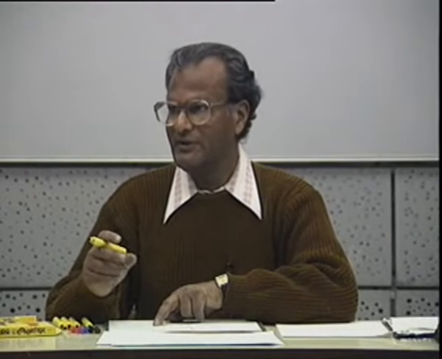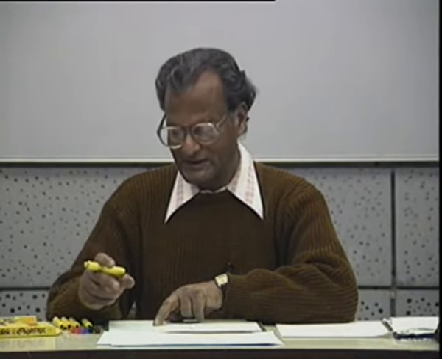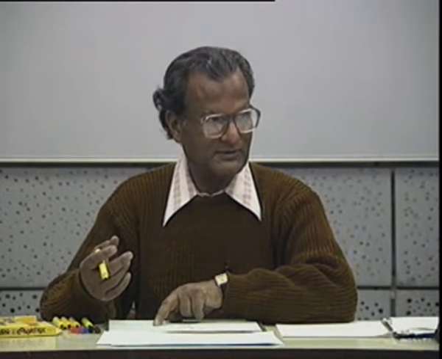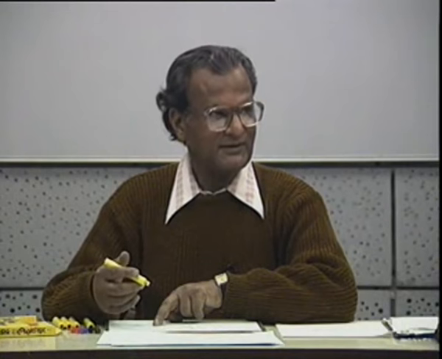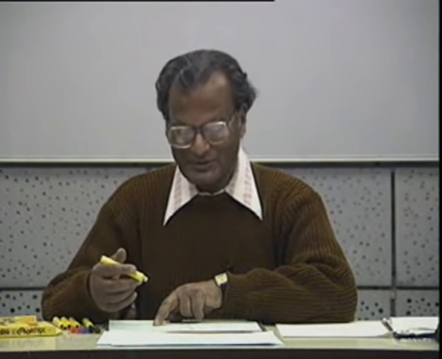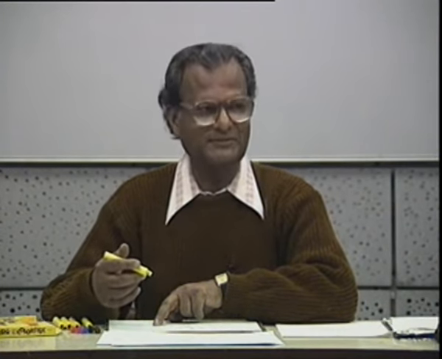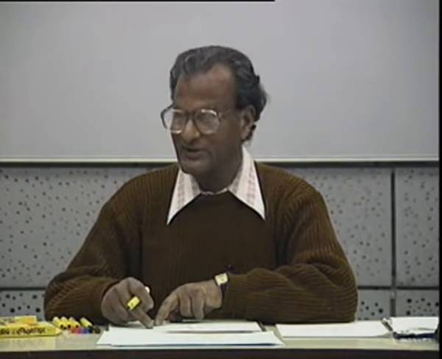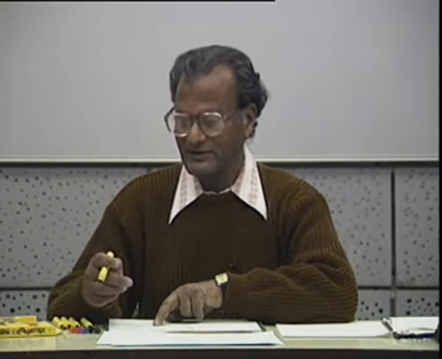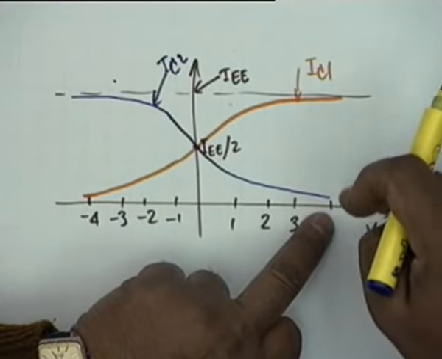It means that when VBE1 is greater than VBE2 by 4 times the thermal voltage, that is approximately 25 millivolts, so 100 millivolt, that is 0.1 volt, then Q2 is cut off. And what is the condition of Q1 then? It will be in saturation, because it passes the maximum available current. Therefore Q1 will be in saturation and Q2 will be cut off.